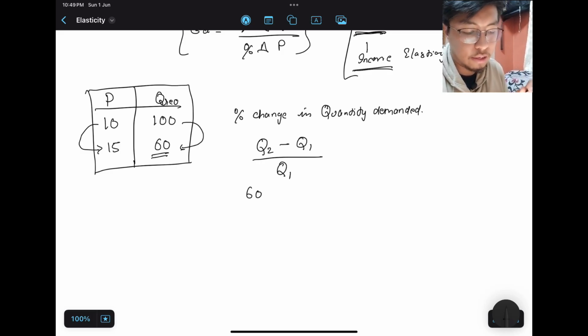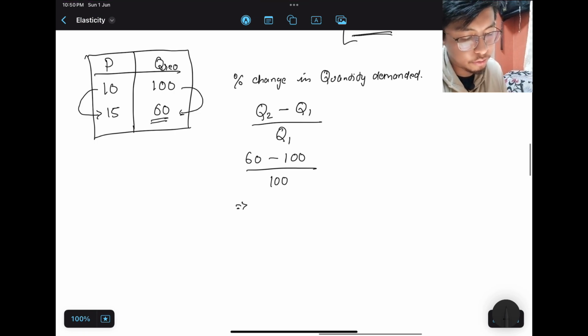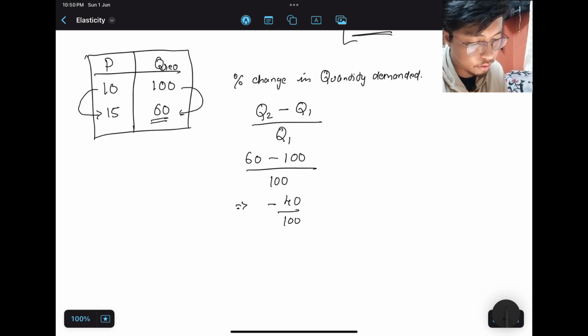So 60 minus 100, divided by Q1, that is 100. This comes to minus 40 upon 100.